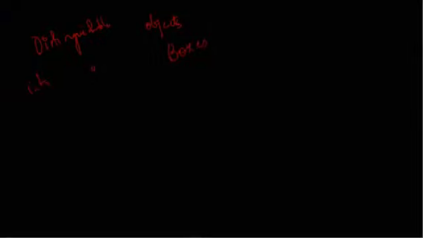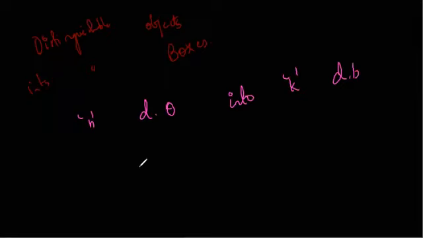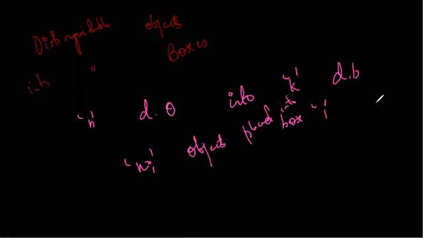The number of ways to distribute n distinguishable objects into k distinguishable boxes, so that ni objects are placed into box i, where i is 1, 2 and so on up to k.